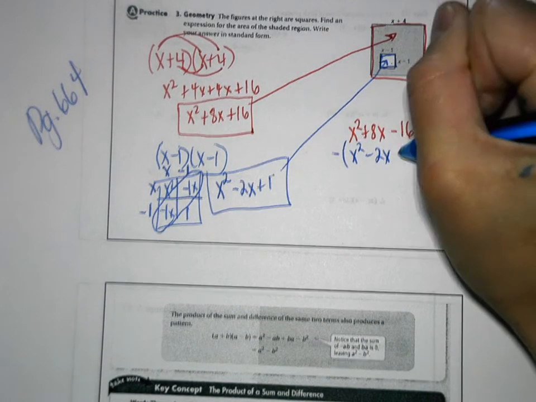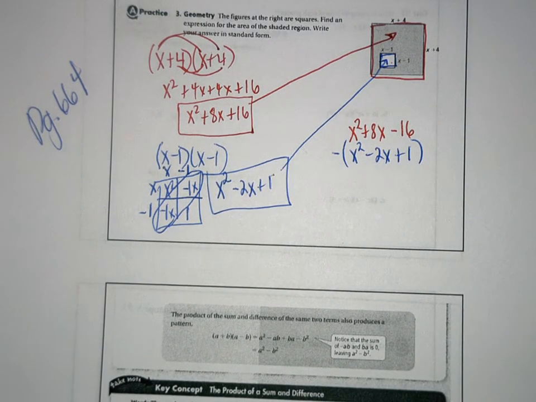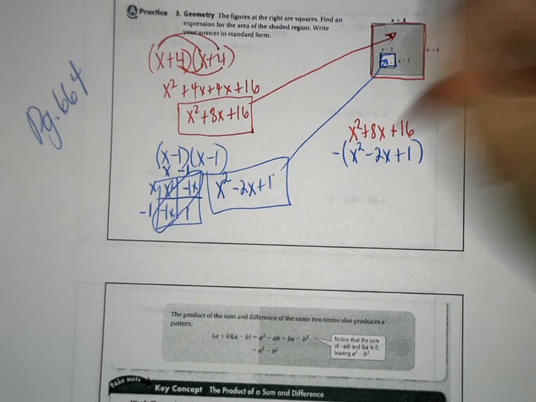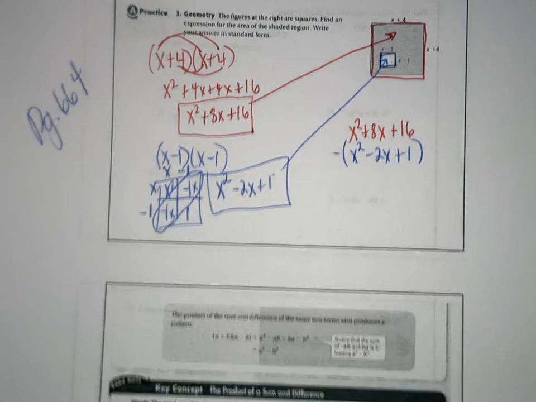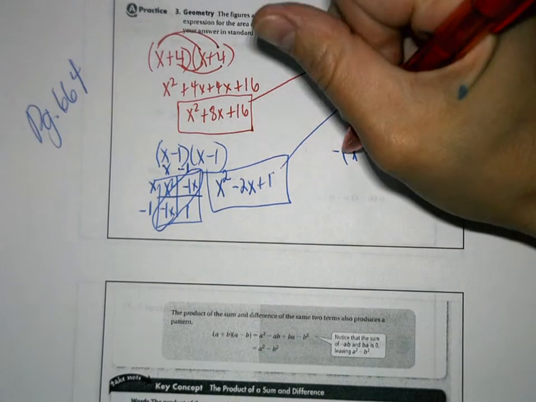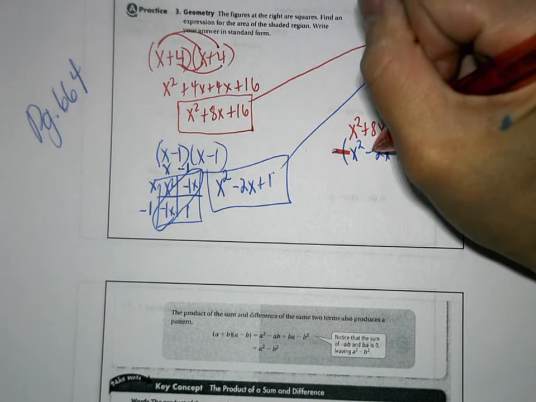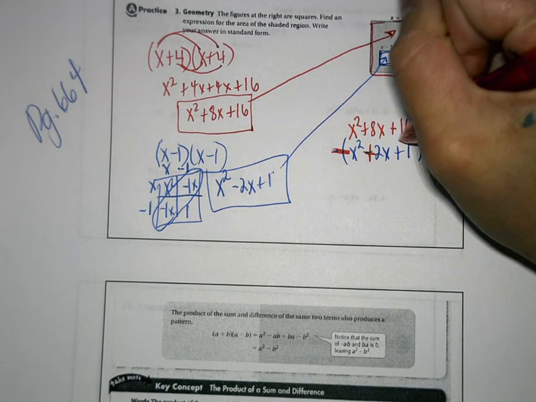What you have to be careful about is what? Yes. What do I have to be careful about on this one? Changing your signs. When you're subtracting, you're changing all the signs, right? And so that's going to make this a minus, this one a plus, and then one a minus.